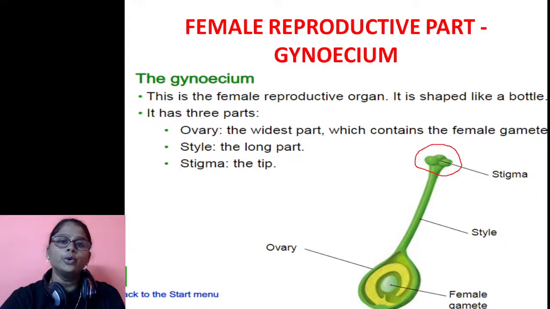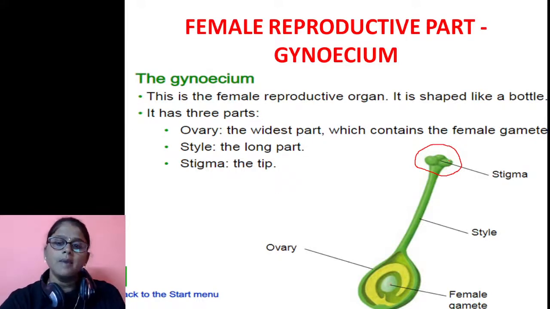The stigma is present at the tip of the female reproductive part, and it receives the pollen grain liberated by the anther during the maturation process. The pollen will stick to the stigma, and later, as we will discuss, it produces the pollen tube which contains the vegetative cell and the generative cell.